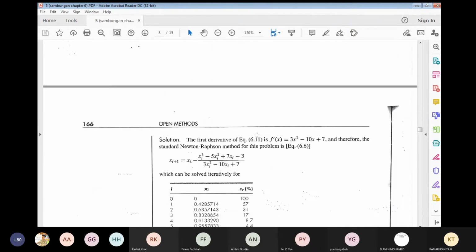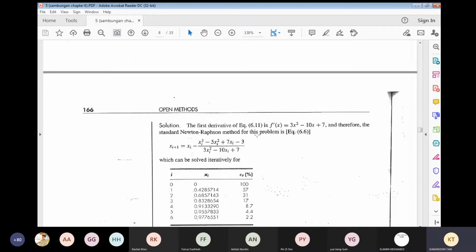Okay. As you may remember from my previous lecture on Newton-Raphson, you need to find the first derivative of the function.